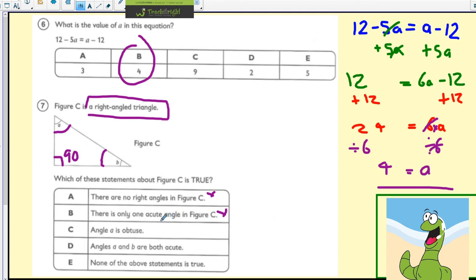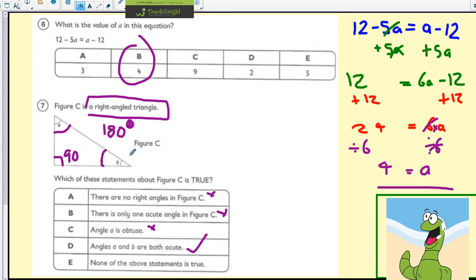Angle A is obtuse. Well, obtuse means more than 90 degrees, and we can't have that because we can only have one 90-degree angle, because I know all the angles have to add up to exactly 180, and I've already got 90. I can't have one angle being more than 90, so that's false. Angles A and B are both acute, yes, because they both have to be less than 90.